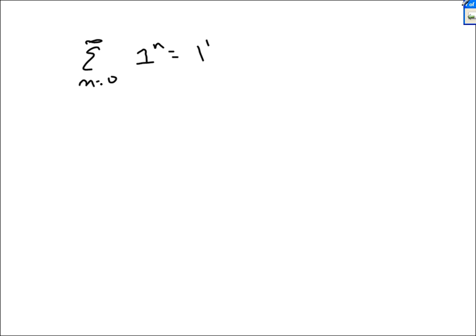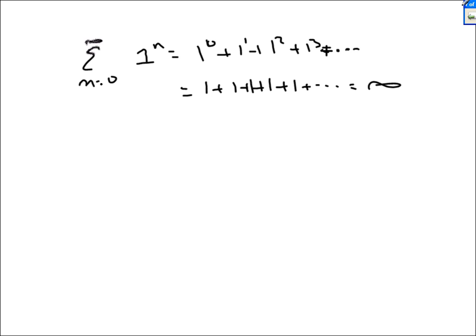So you get 1 to the 0, which is 1, plus 1 to the 1 is 1, 1 squared is 1, 1 cubed is 1, etc. This is 1 plus 1 plus 1 plus 1 forever. This diverges. Negative 1 is a whole other story. That's when the signs are going to alternate. So that too diverges.